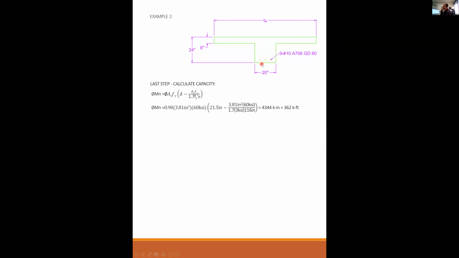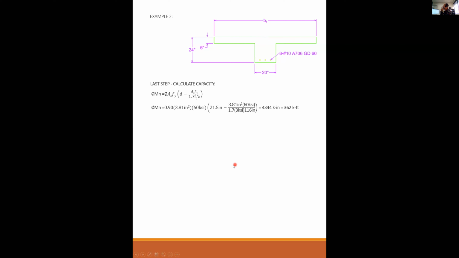So that's bw. But is it going to flip, Professor, if we have a given negative moment? If you have a negative moment, that's where you have to flip it. Now your tension's on the top. And that's where we just went over that bw is actually bf or 2 times the width of the stem, whichever is least.